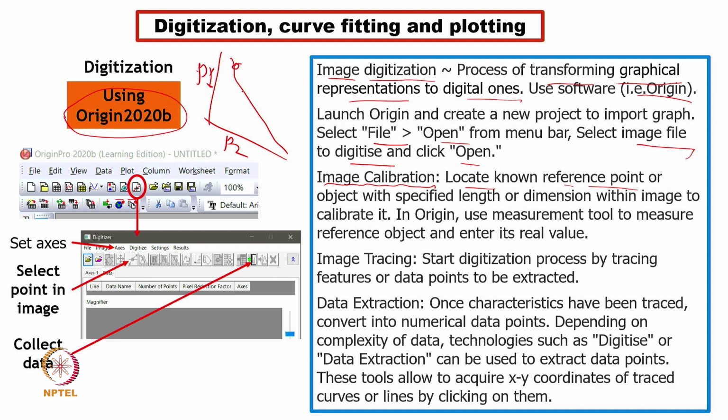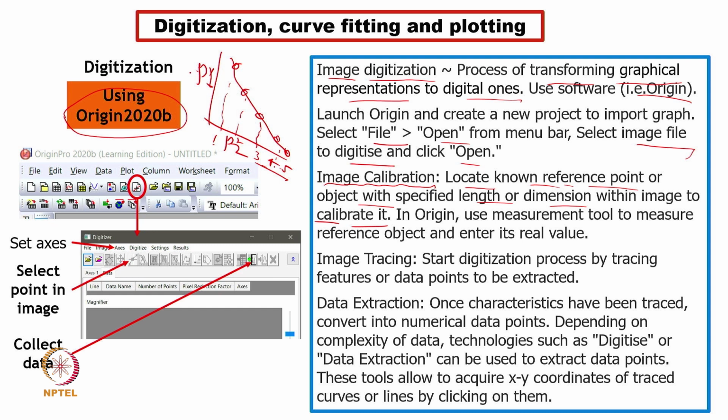If we know this is available at 1, this at 2, this at 3, this at 4, 5, something like that, we locate the reference points with a specified length and dimensions, whatever dimension we know, maybe in square form, say 1, 2, 3, 4, 5. We measure based on that and we calibrate the curve.